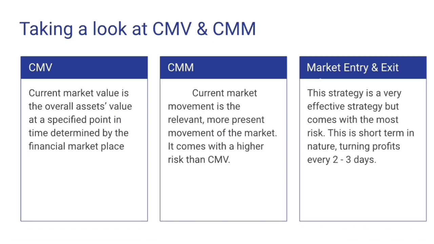We utilize a strategy called current market value, CMV. With this strategy, you will need patience, and that's the part of the emotional puzzle associated with this. You have to deal with that.